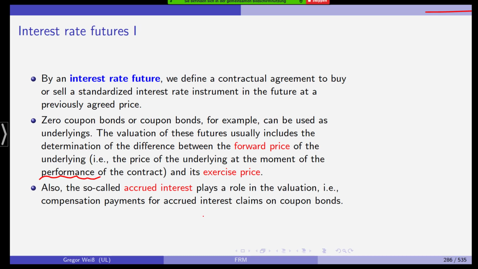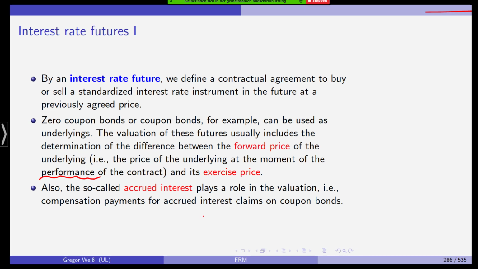As you can imagine, in a coupon bond investment, if we take the example of a coupon from Daimler, the coupon payment was made on March 9th. But if you buy the bond, let's say on March 10th, you haven't received the coupon. Or let's make a different example.